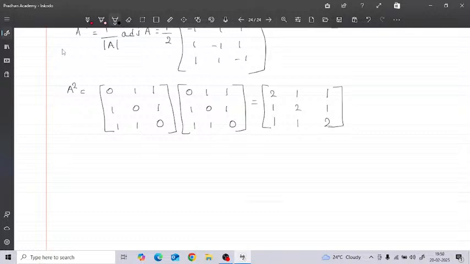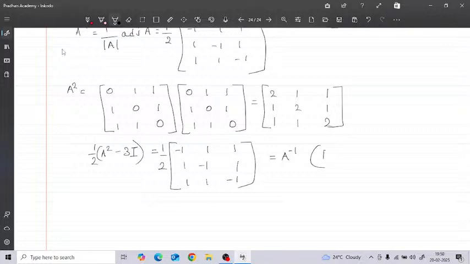That is my A square. Now A square minus 3I is minus 1 1 1, 1 1, sorry, minus 1 1 1, 1 minus 1, and if you take the half of it, it is equal to A inverse. Okay, so proved.